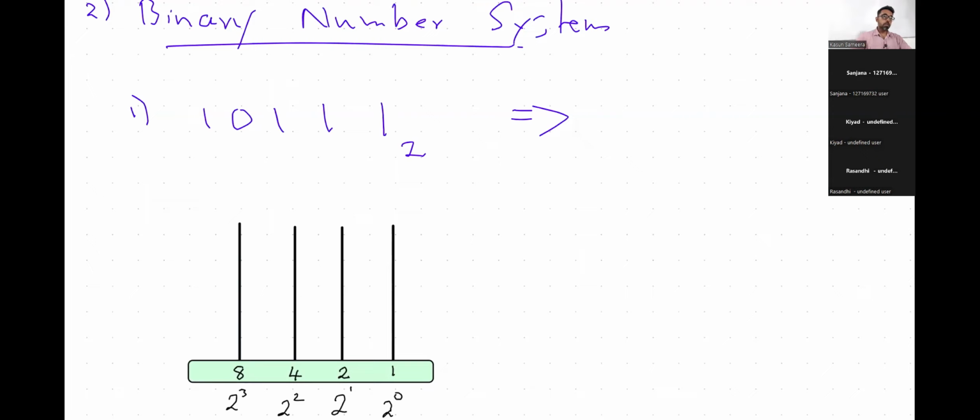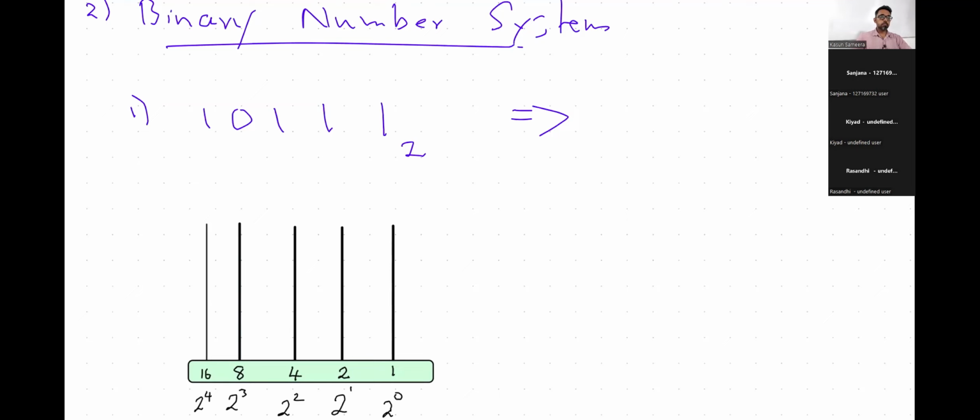How to represent this number? We need an additional bar here, which represents 16, 2 to the power 4. It's easy. What is the maximum number of circles that we can put into one bar in binary?